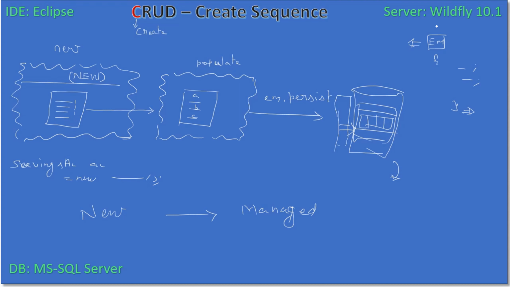Remember, we have this entity manager with the persistence context, and that we placed in our stateless session bean. Inside the stateless session bean, we will write a method, and we create a new instance of savings account. We will populate the content that is coming as a parameter. Of course, these parameters are taken from the HTML form, and it is coming here as an incoming parameter. After creating the new, we will make a call to em.persist.